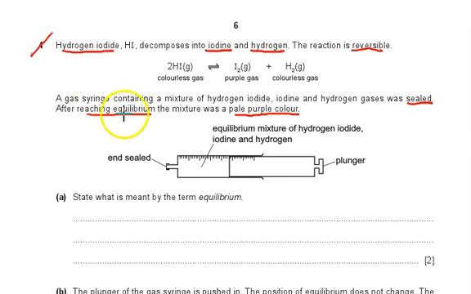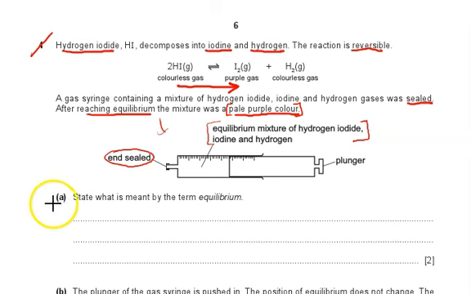If you look at this picture, this is a combination of all these gases, and the end here is sealed, so you can see there's a pale purple color, right? So it means the reaction is going toward the forward reaction.